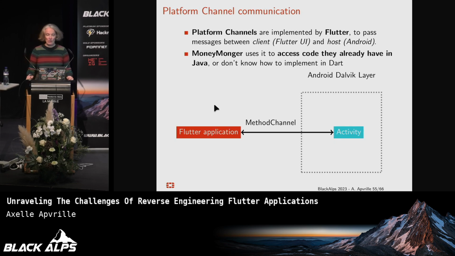So how do we do that? Flutter has a mechanism to communicate with the Dalvik side. It offers APIs, classes and everything. And on the Java side, you have to write some code saying what you want the Java side to do when this or that method is called.